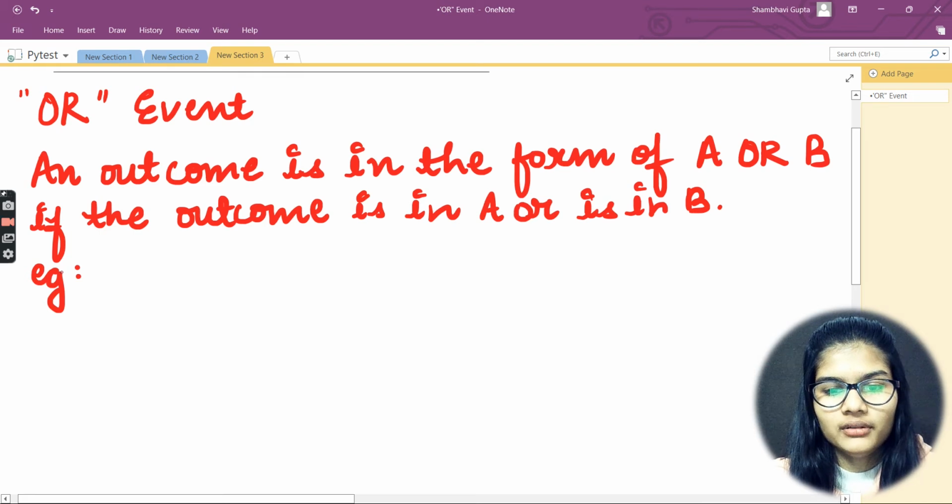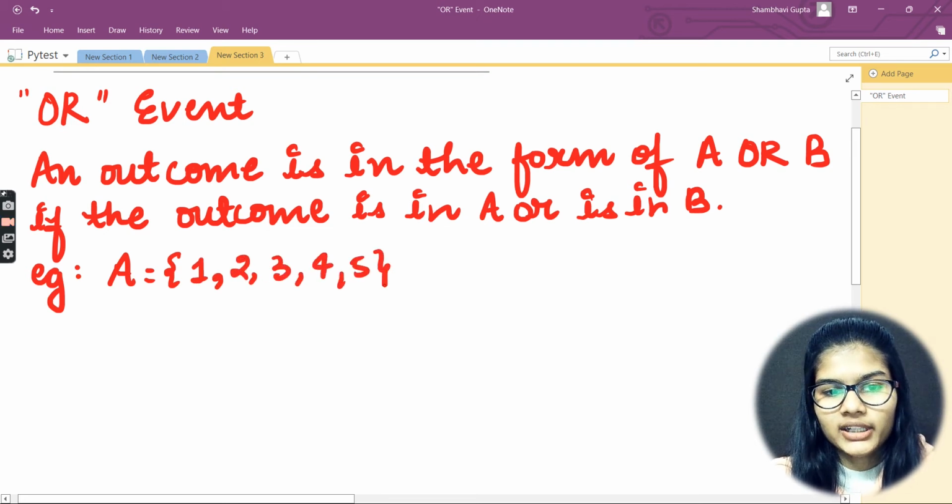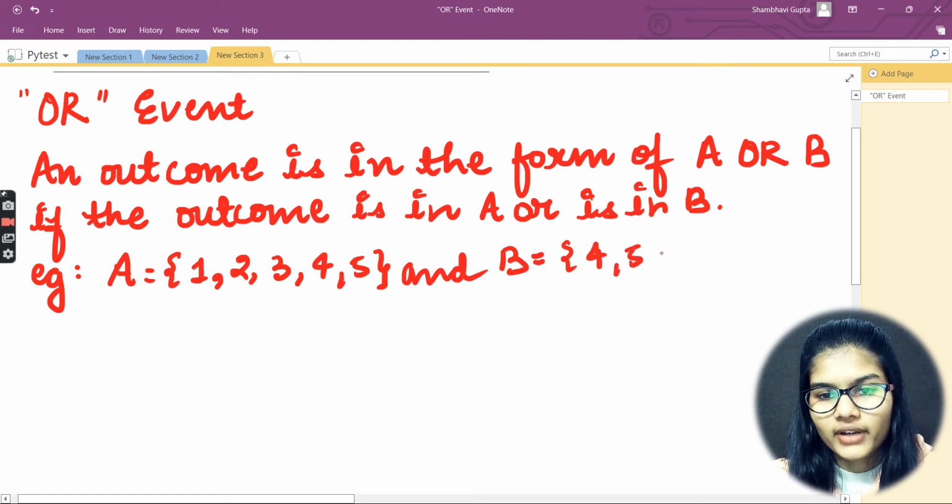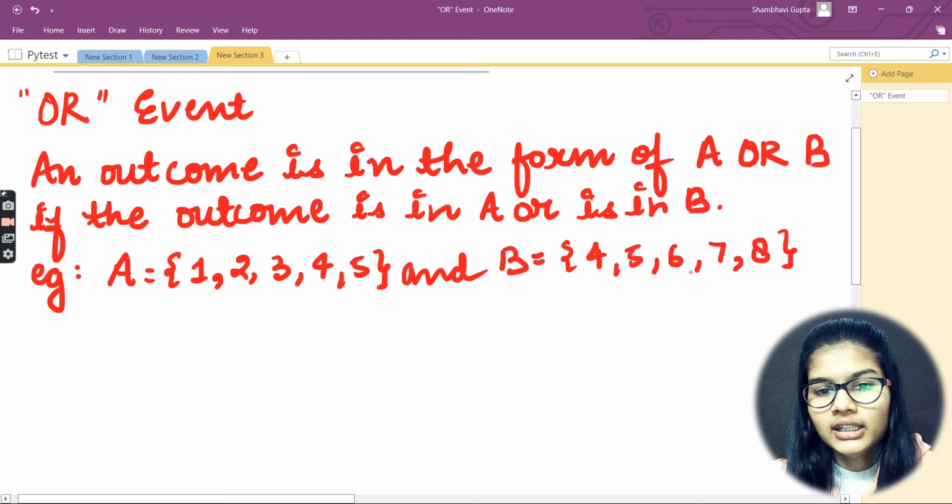Let's say you have an event A, and let's say that's 1, 2, 3, 4 and 5. Okay, let's say this is an event. And what about B? B is equal to 4, 5, 6, 7, 8.